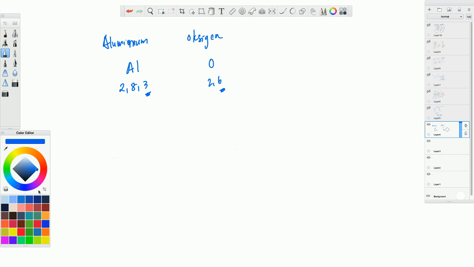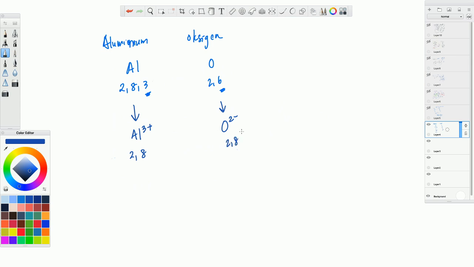Aluminium membebaskan 3 elektron daripada 2,8,3 menjadi 2,8. Oksigen menerima 2 elektron daripada aluminium, daripada 2,6 menjadi 2,8.